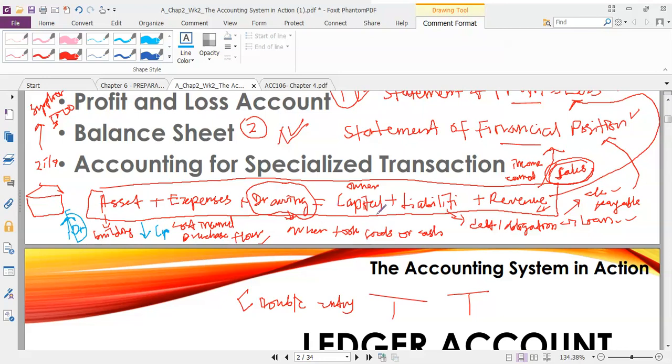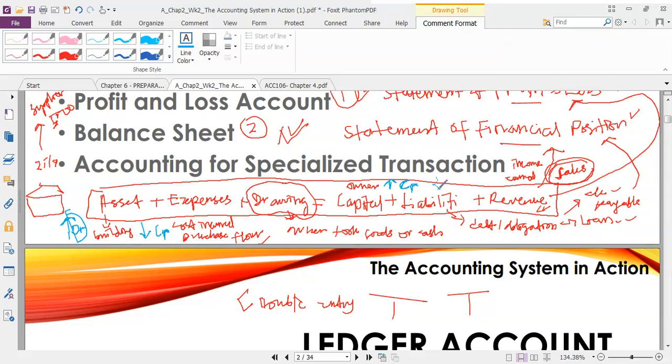That is different from another group of element for capital, liability and revenue. Dia bertentangan dengan group asset, expenses dengan drawing tadi. If capital, liability and revenue increasing, we must put in the credit side.